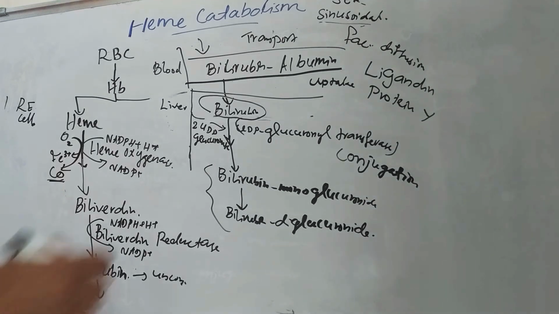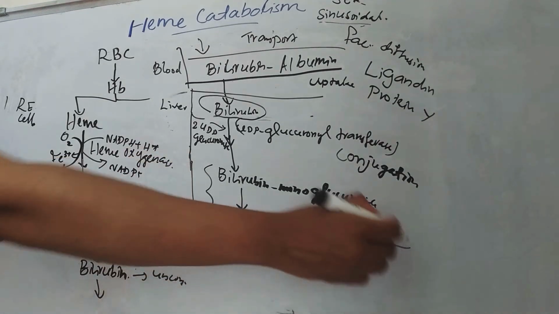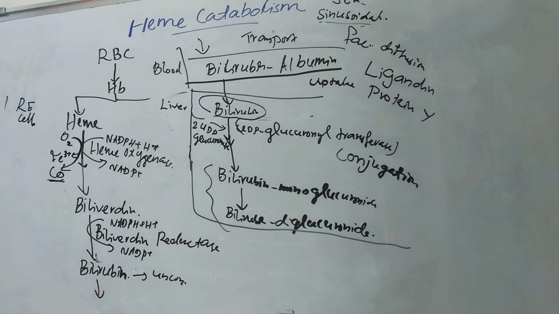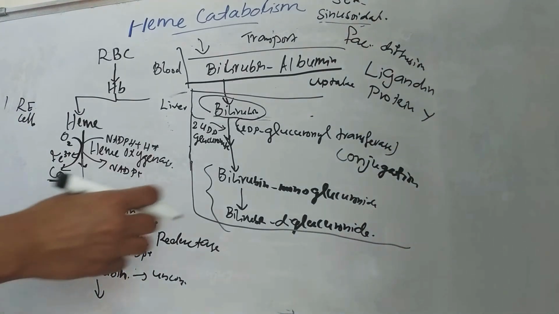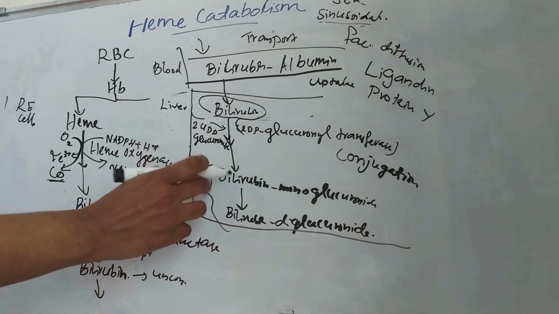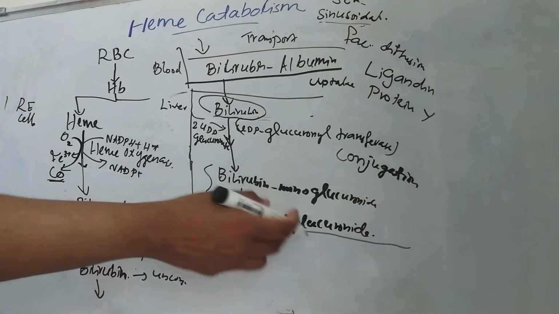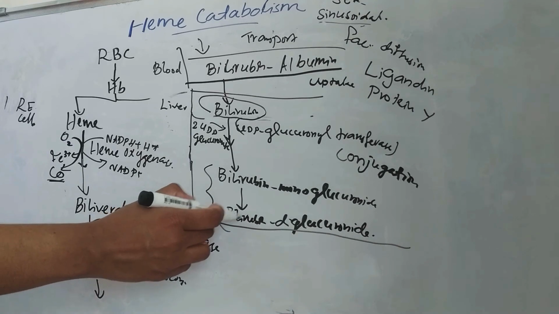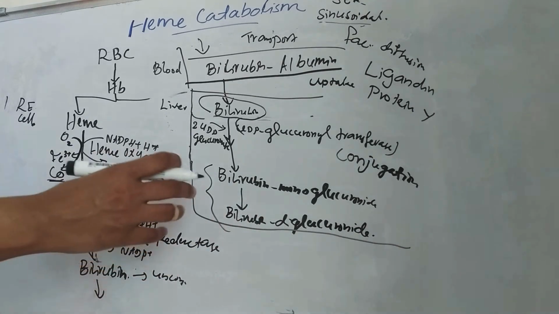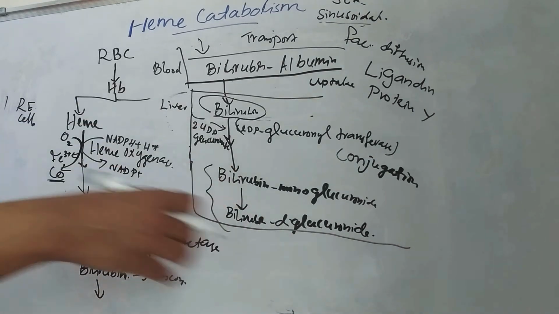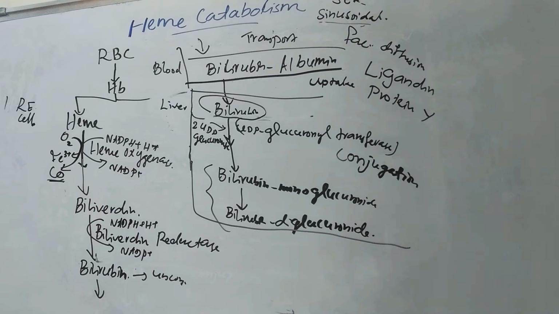Then next step is secretion of bilirubin in the bile. So the conjugated bilirubin, bilirubin monoglucuronide and bilirubin diglucuronide, is secreted into the bile by an active transport mechanism.